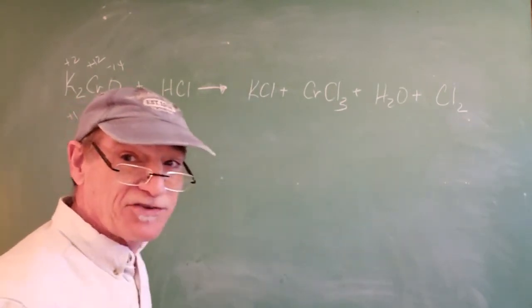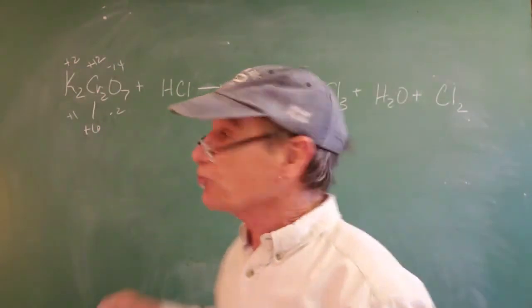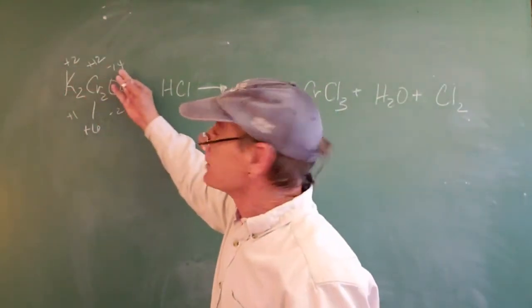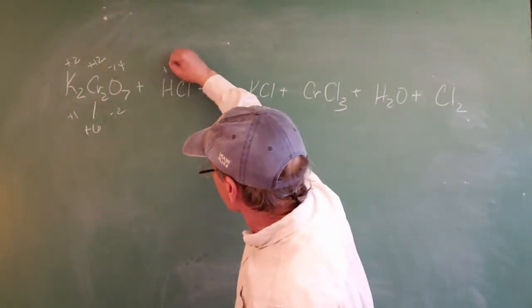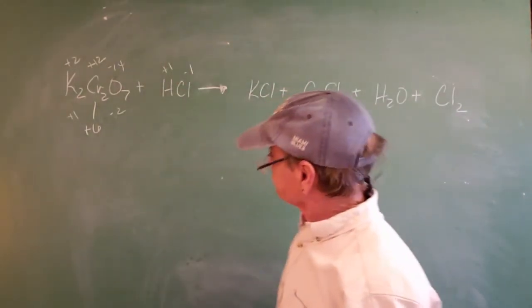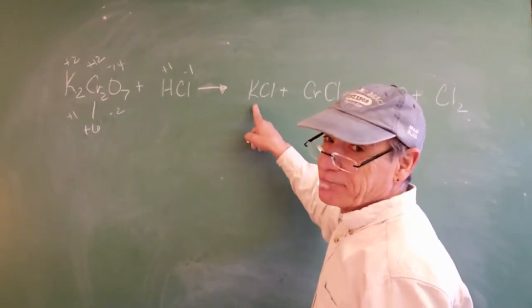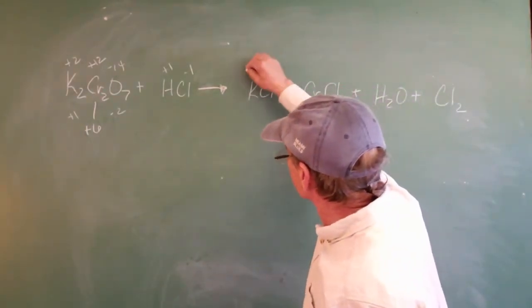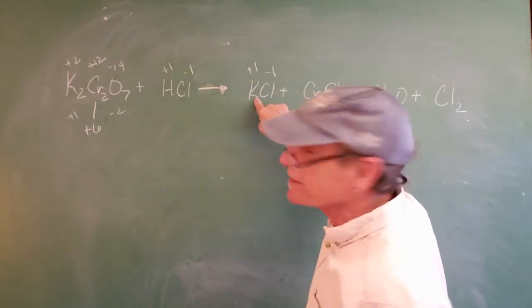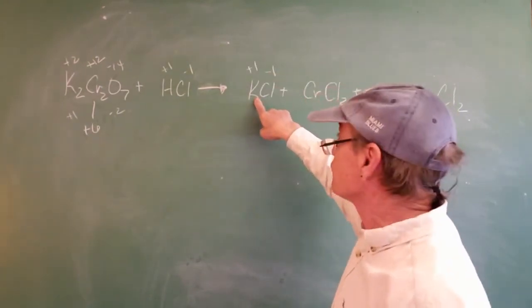Each of them would be +6 in order to make up the +12 necessary to make that balance out to 0. The hydrochloric acid, the hydrogen's a +1, the chloride's a -1. On this side, notice that the chloride here is still a -1. The potassium's a +1 because it's a group 1 cation. All group 1 cations are +1.